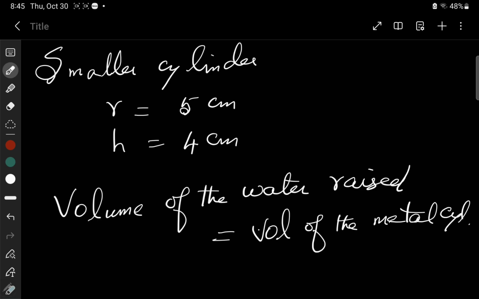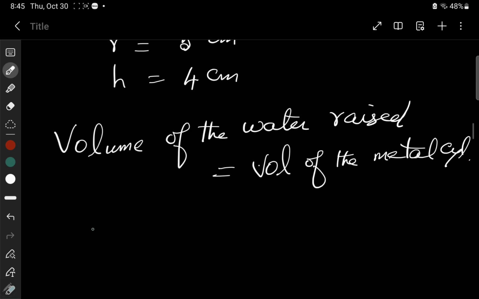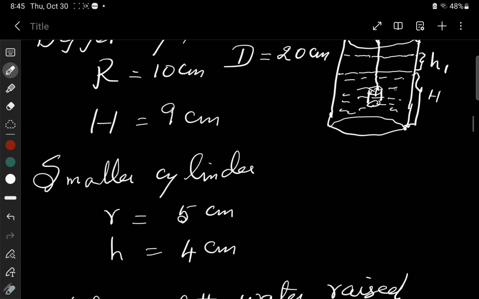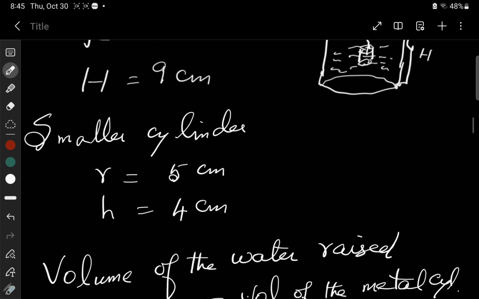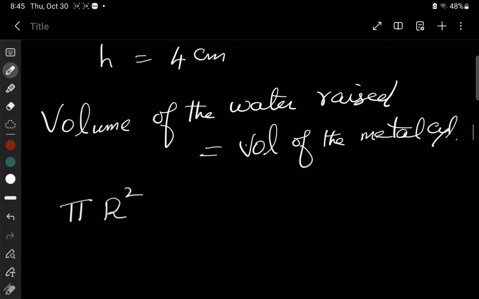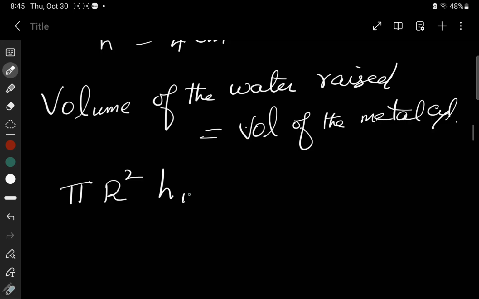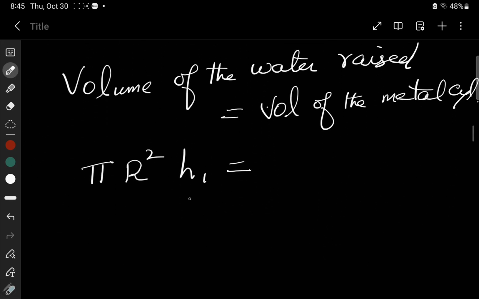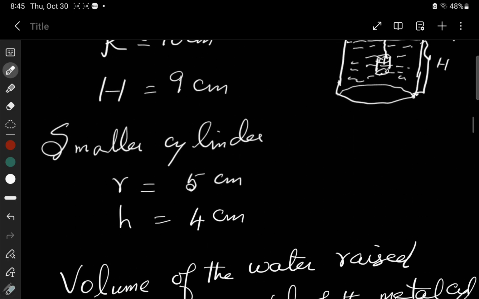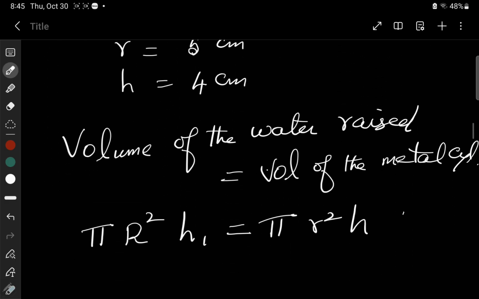Volume of the water raised is pi, and this is the radius of the glass, capital R squared, times the water raised, small h1. We need not use this capital H, just mark this as h1. Volume of the metal cylinder is pi small r squared h. Just write cubic units.